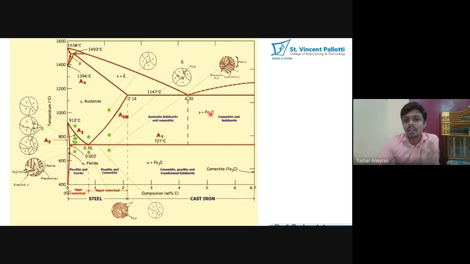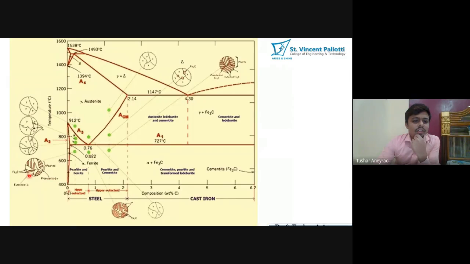This is the eutectic reaction. Now here austenite is getting converted into pearlite and cementite. Pearlite is the mixture that we are obtaining at 0.76% and 727 degrees centigrade. How is pearlite appearing? Pearlite is appearing like this. This is the pearlitic structure.